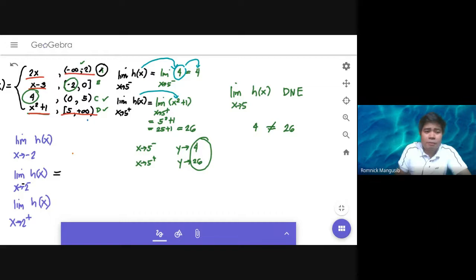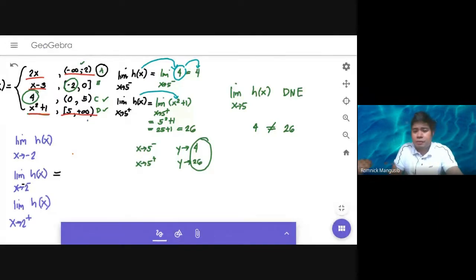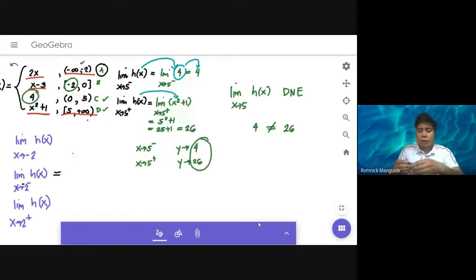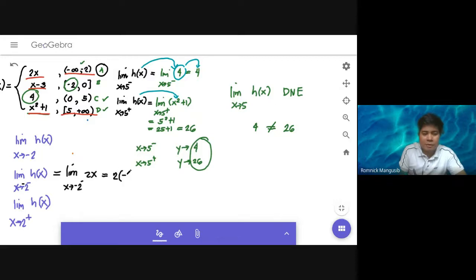So, ibig sabihin, you have to use 2x. So, ang mangyari dito, magiging limit of 2x as x approaches -2 from the left. And now substitute 2 times -2. The answer is -4. Okay?